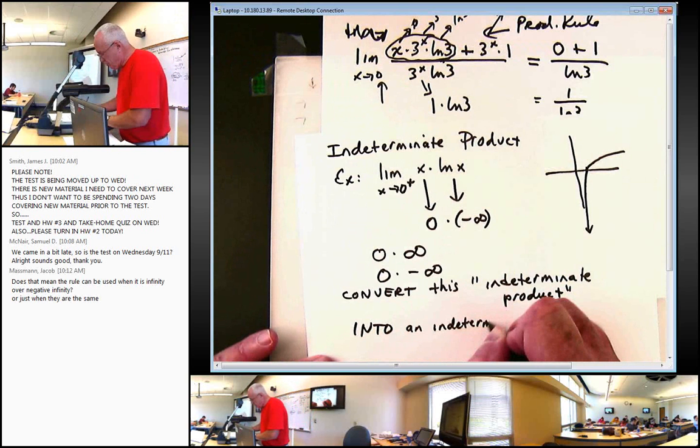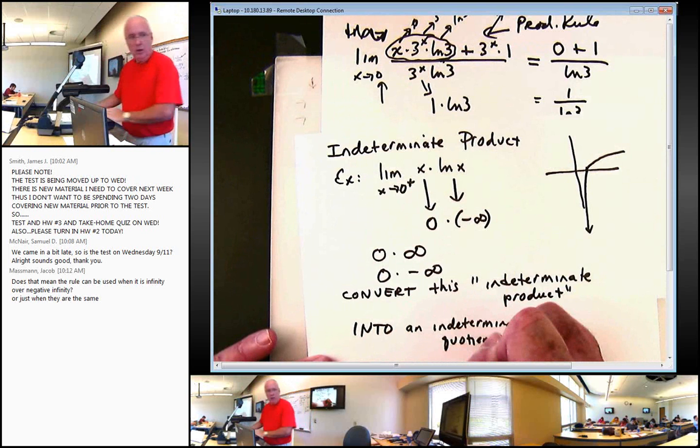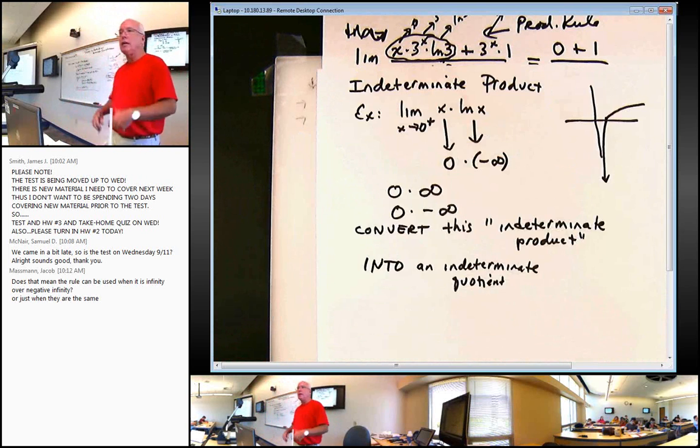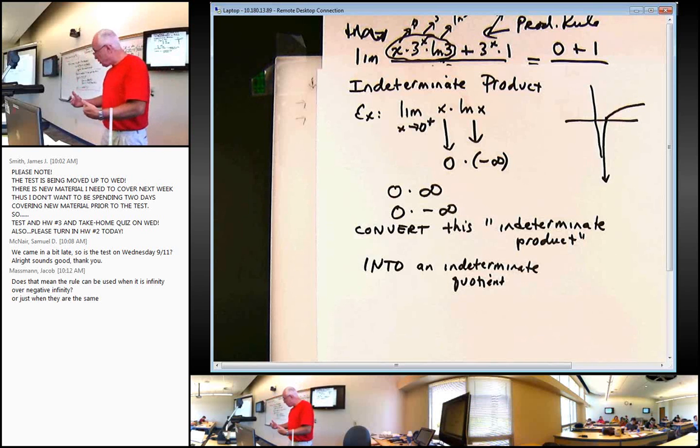By indeterminate quotient, we're talking about 0 over 0 or infinity over infinity.